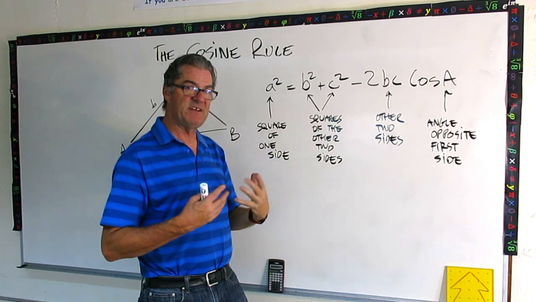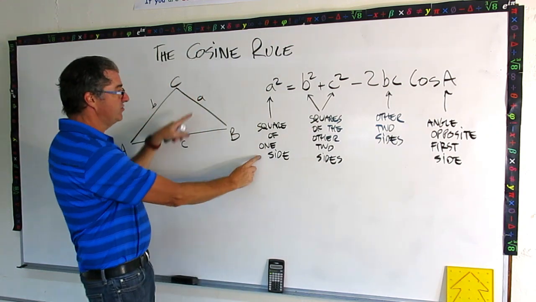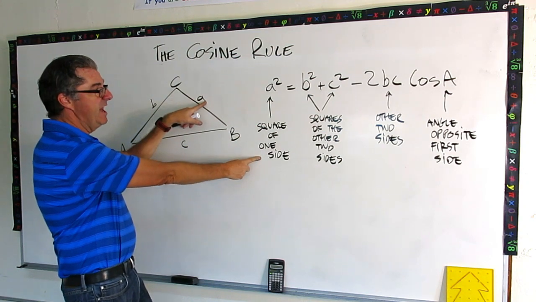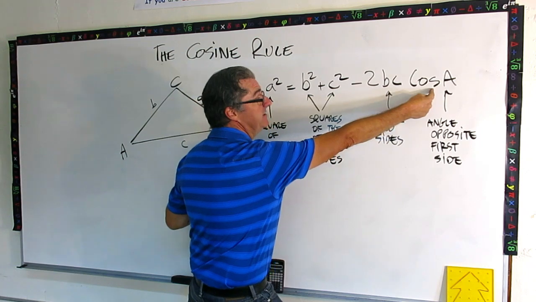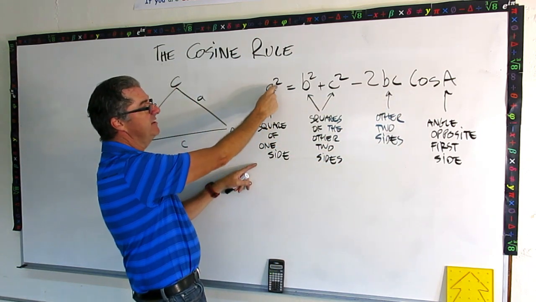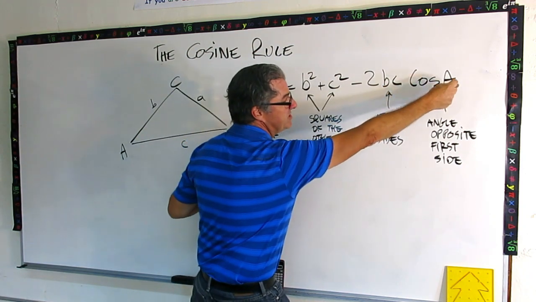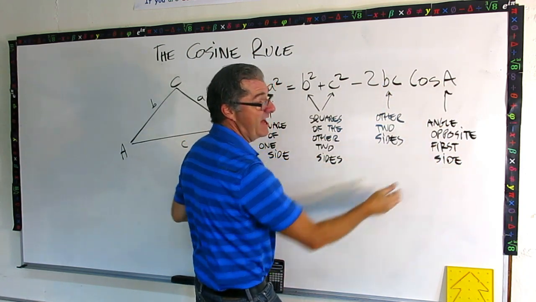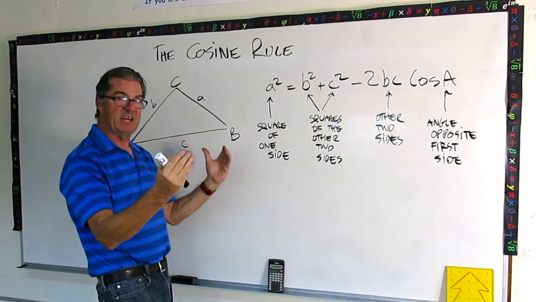So let's break that down and talk about it before we use it. So a is the square of one side, okay? And notice all the way at the end of the equation we have cosine A. So on one side you have little a, distance squared. On the very end of it you have cosine big A, which is cosine of that angle opposite of this first side. So for me, that's how I bracket this formula.